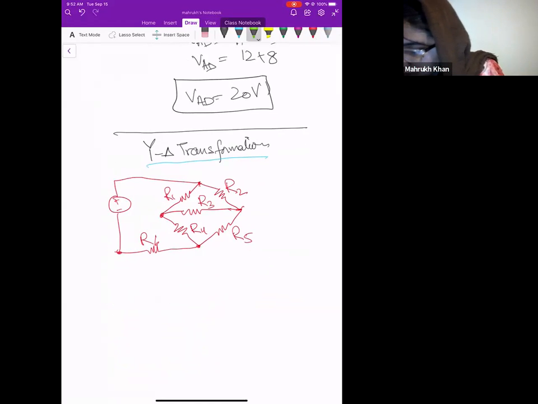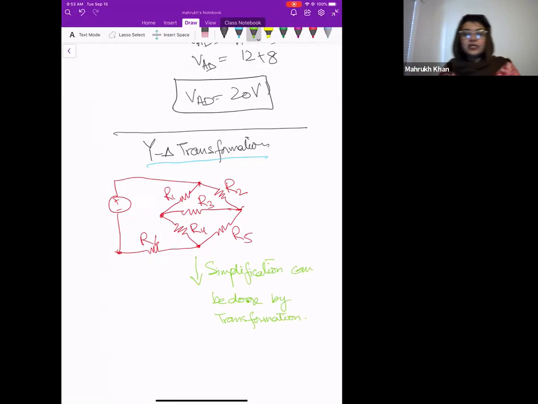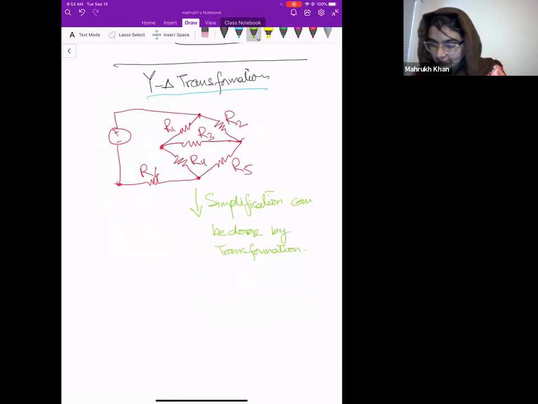So simplification can be done by transformation. So what is it that delta Y transformation says?